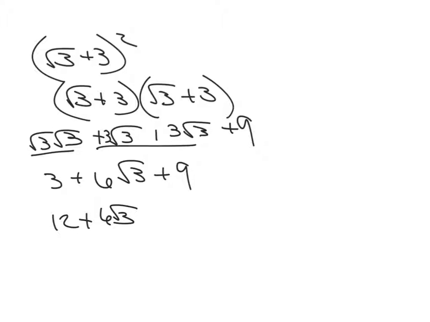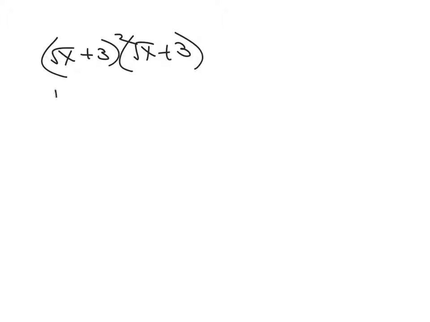So that is supposed to be example 4, but I did it differently. So let's go ahead and actually do it. I put a different number. I put the square root of 3 in there instead of an x, but either way, you got some practice looking at that one. So this is square root of x plus 3. Okay, first thing is square root of x times square root of x.